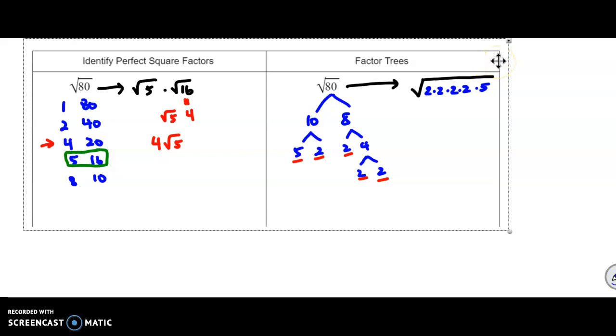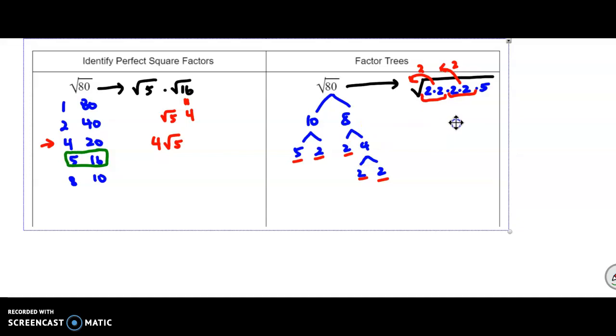Every pair pairs up together to bust through this wall. They become 1, so a 2 comes out. There's another pair of 2s, they pair up together to become 1, and they bust out. But unfortunately, 5 is by itself, so the 5 is kind of stuck.